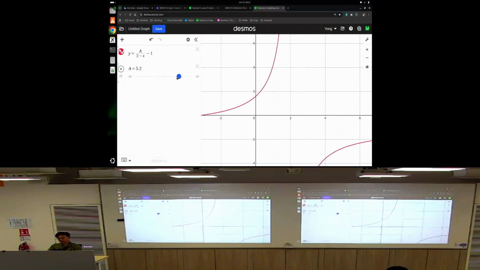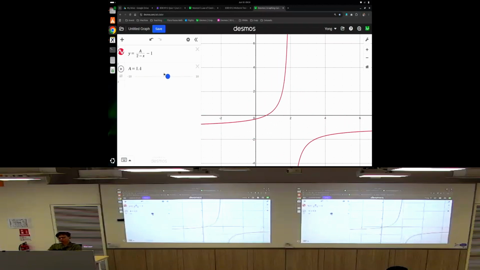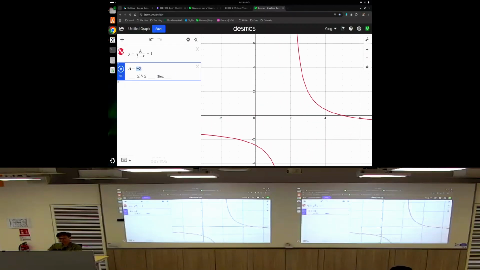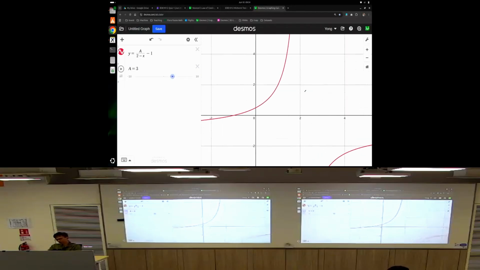That's why we call this a family of solutions when your a is not defined, meaning not prescribed. So it's a family of curves. But your a must be 3 in order to fulfill the initial condition.